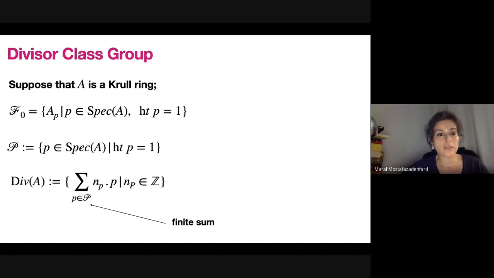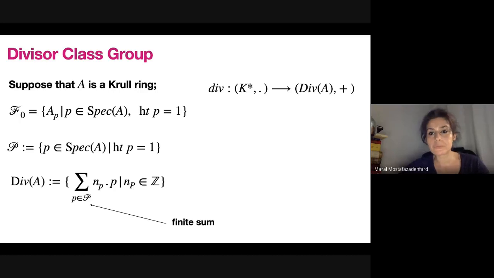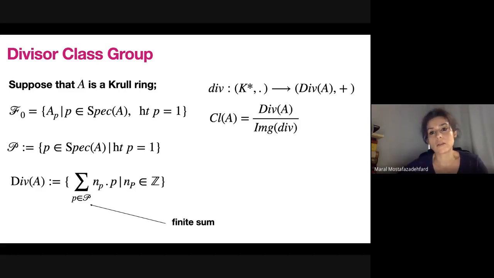If you consider a group homomorphism from K star, the fraction field of the Krull domain A, to this group, we define this homomorphism by the normalized valuations coming from the discrete valuation rings A localized at P. The cokernel of this group homomorphism defines the divisor class group. So you can consider all the divisors modulo the principal ones, and this gives us the divisor class group.